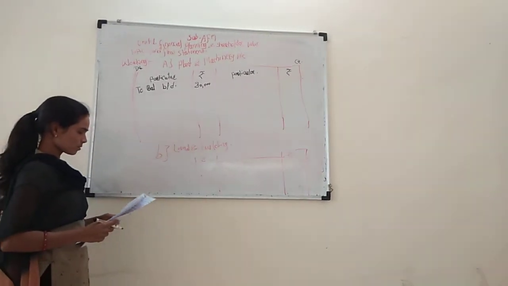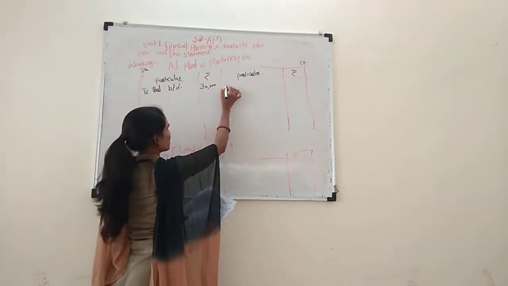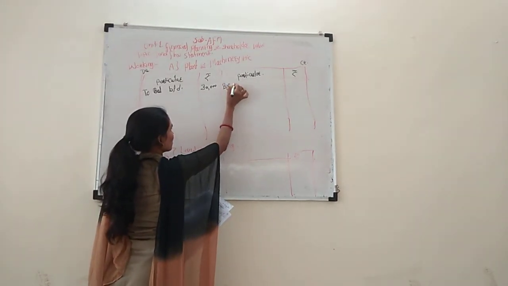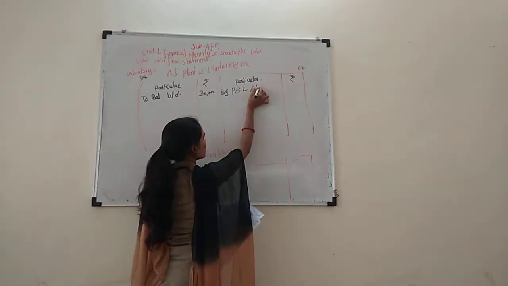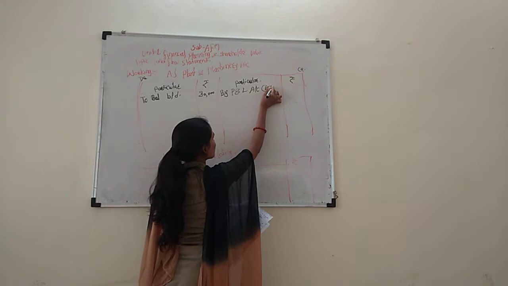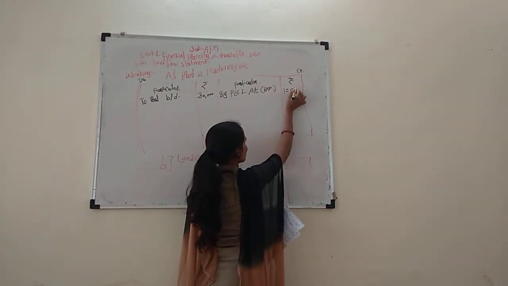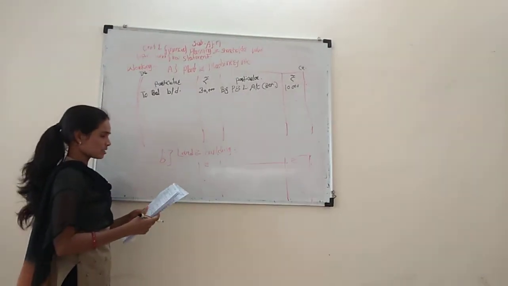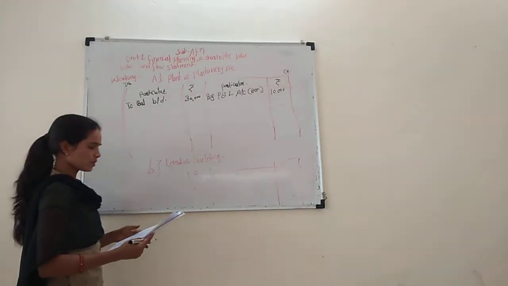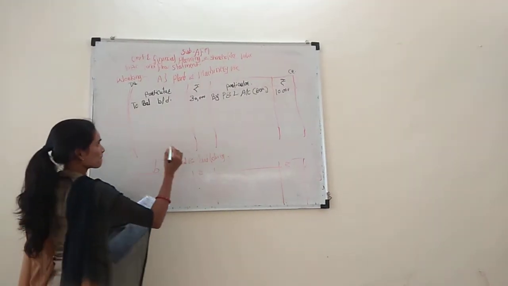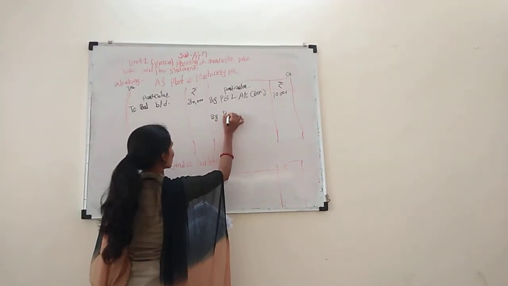And next one is by profit and loss account, which means depreciation. By profit and loss account, depreciation 10,000. This is the additional information: plant and machinery depreciation of 10,000. And next one is by balance carried down.